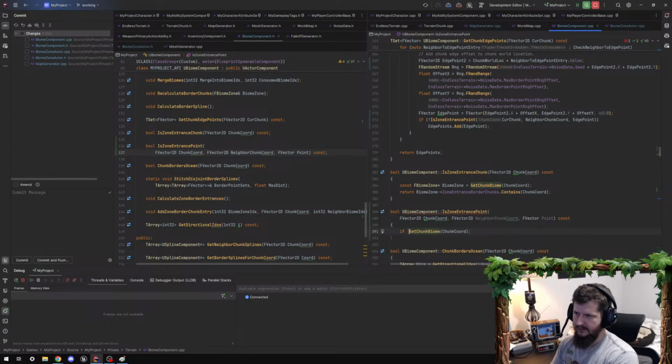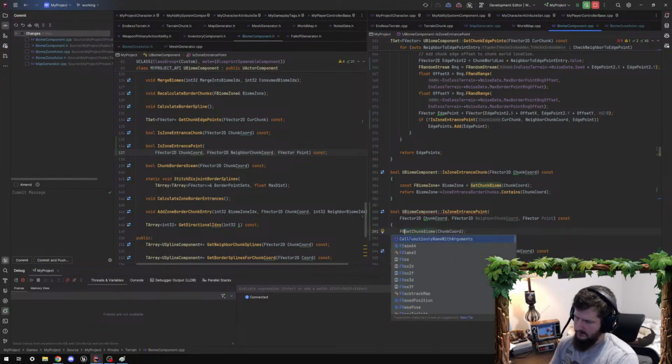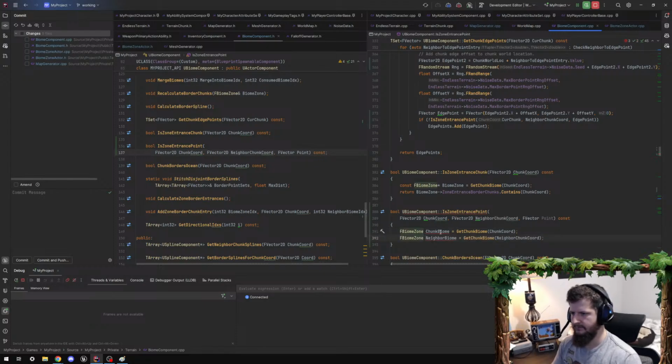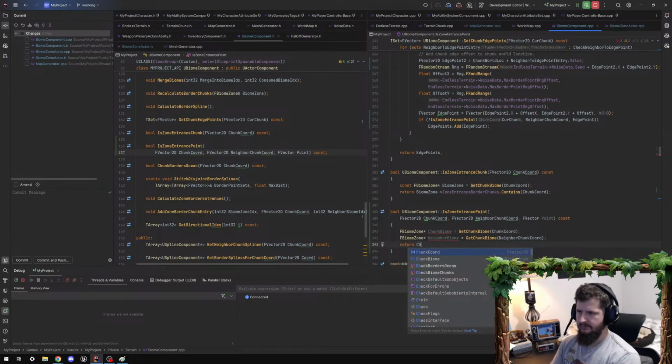Rather, I should just return get chunk biome. Well, no, I need to store this, to make sure I validate the chunk coordinates. If biome zone, chunk biome. And they're pointers, if I'm not mistaken. Return chunk biome.